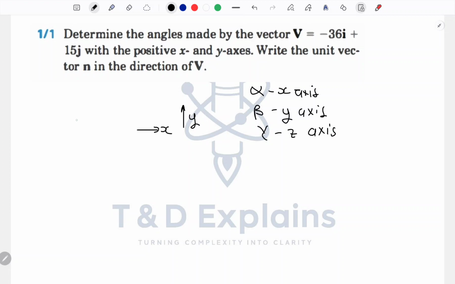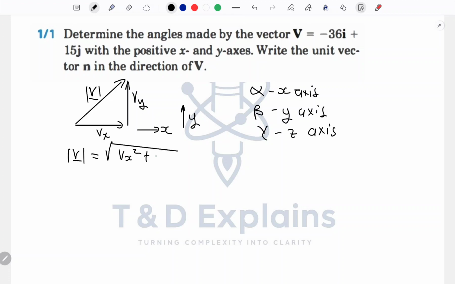Right now let's say we have a vector going this way, and this is vx, and a vector going up is vy. This is the resultant v, which is made by squaring the components. How do we get v? By Pythagoras. Then we get the magnitude as vx squared plus vy squared.